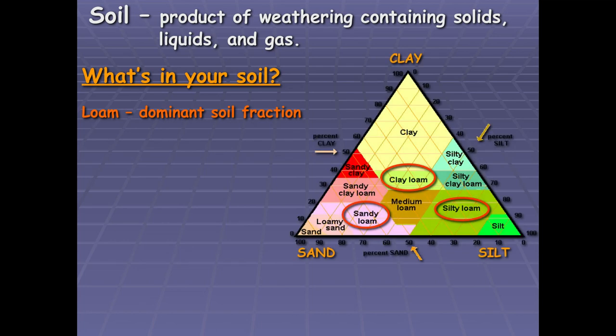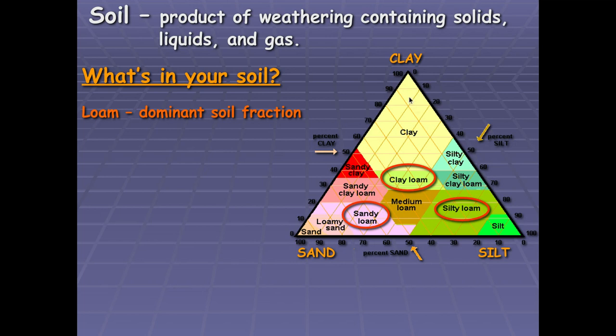To measure that, we use what I like to call a soil ternary diagram, which you can see on the right side of your slide here. In the soil ternary diagram, we can classify the loam by looking at the various percentages represented in this diagram. So let me outline this diagram and show you how it works.